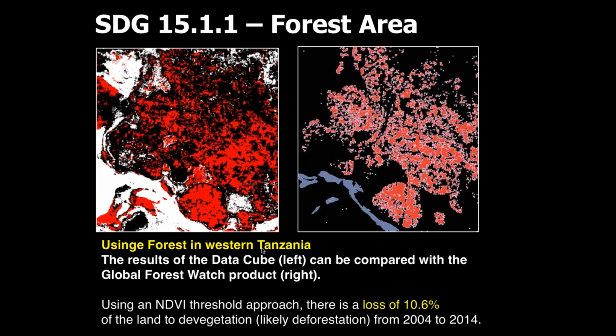But for comparison purposes, I think you'll agree that the product we have on the left with the data cube matches their product on the right quite nicely. So you could do a really good job of measuring the deforestation or the devegetation just with some simple NDVI comparisons.